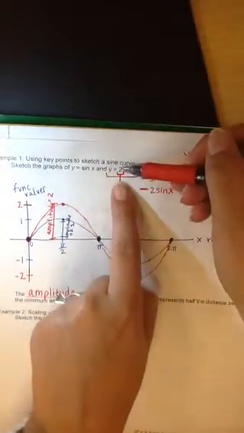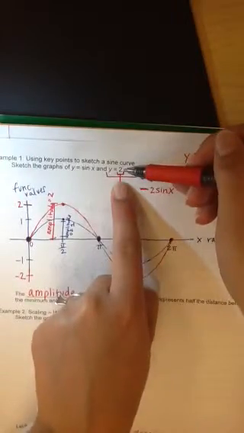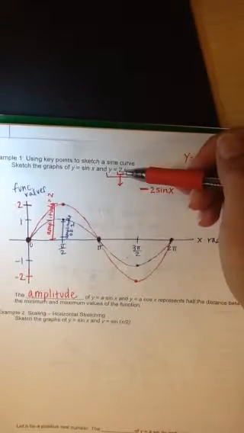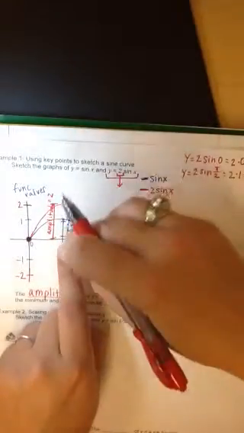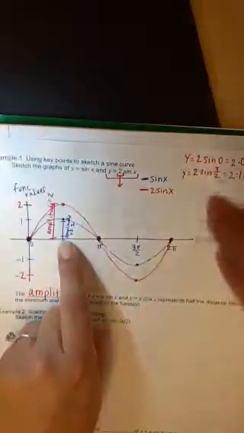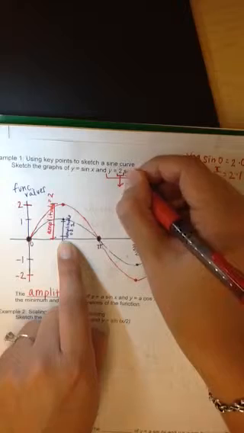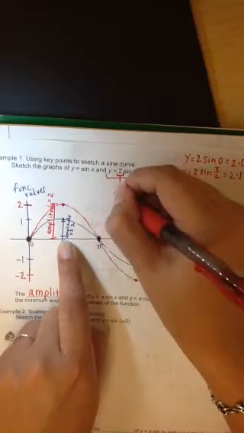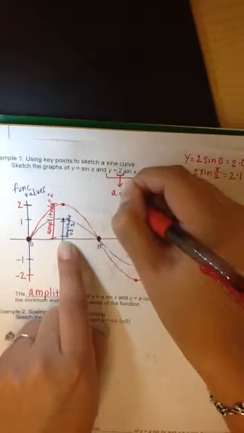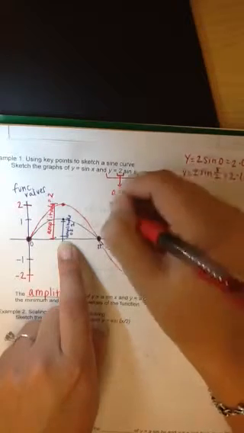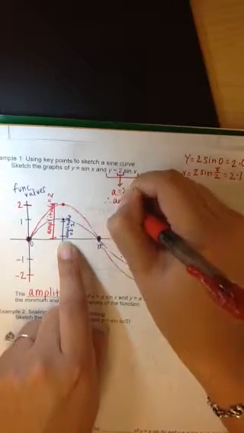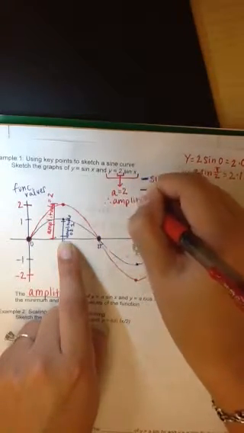If we put 2 in front of x squared, we would have ended up with a narrower parabola. So now I've vertically scaled up my sine function. The A value in front of your trig function gives you your amplitude. So A equals 2, therefore your amplitude is 2.